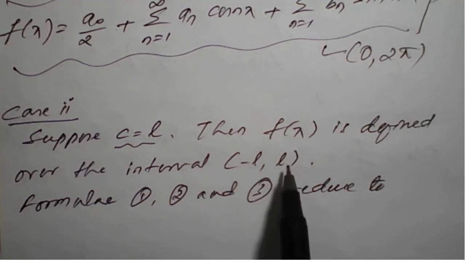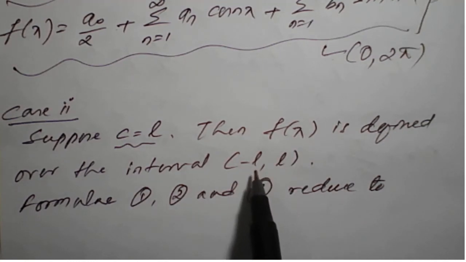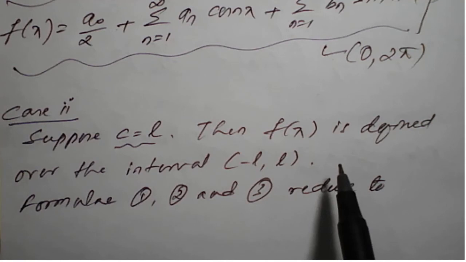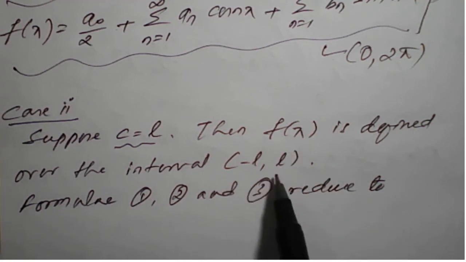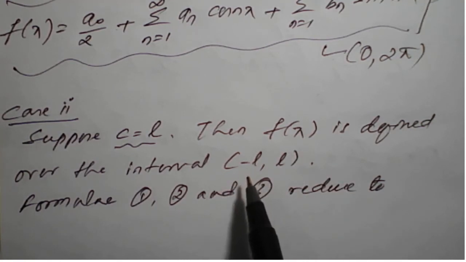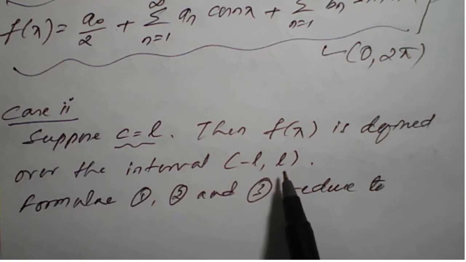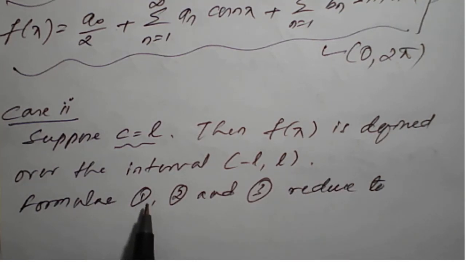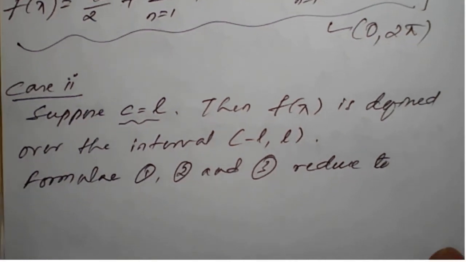Because we have the interval c comma c plus 2L, at that time this will become the interval minus L to plus L. Then the formulas 1, 2 and 3 reduce. First, the formula for a naught will reduce.